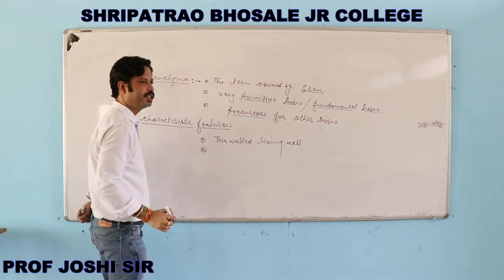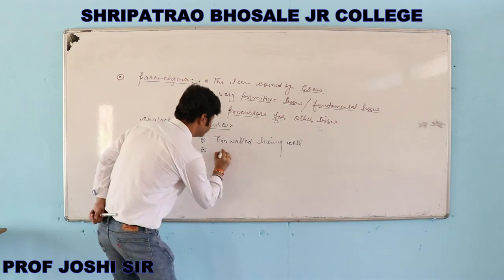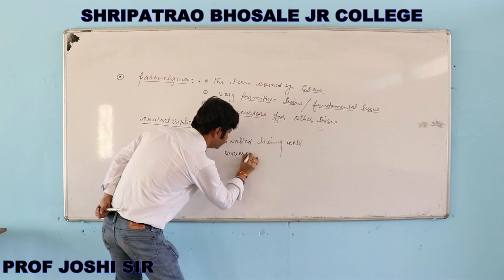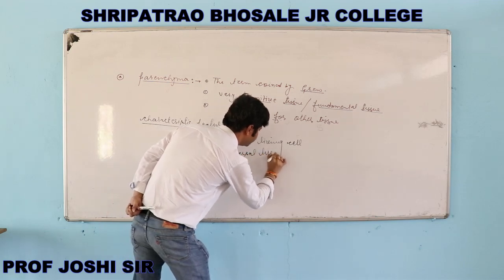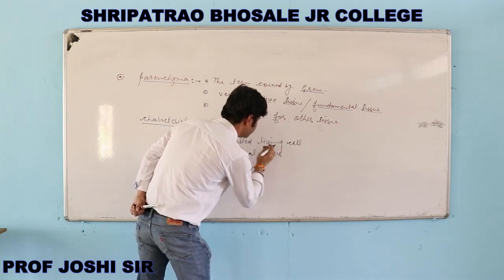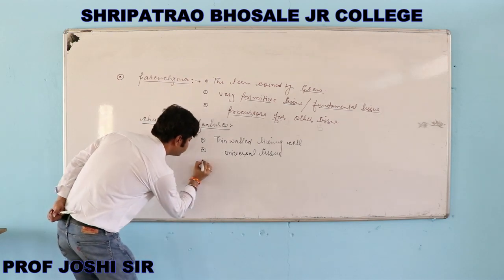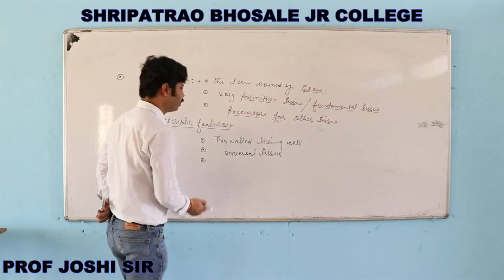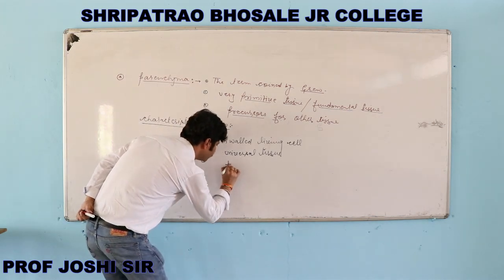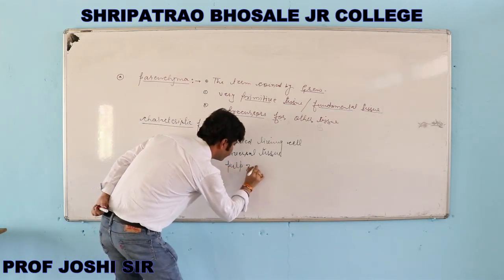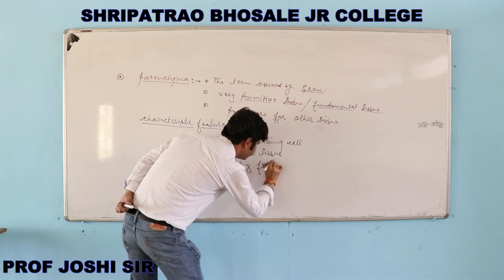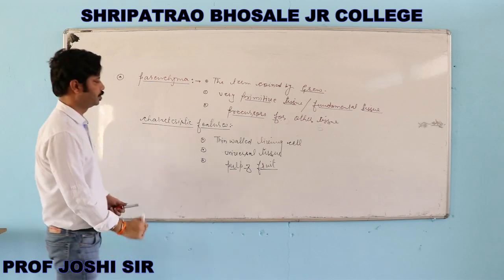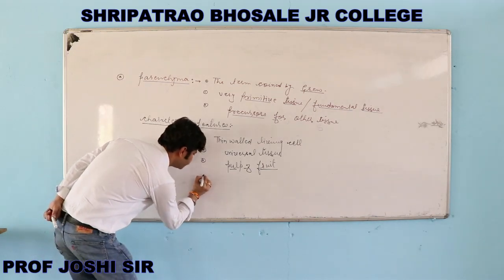Second one is it is a universal tissue. Basically, it is present in the pulp of fruit.